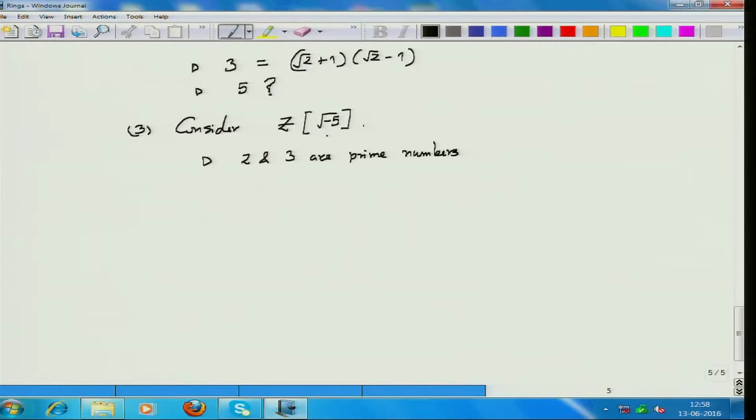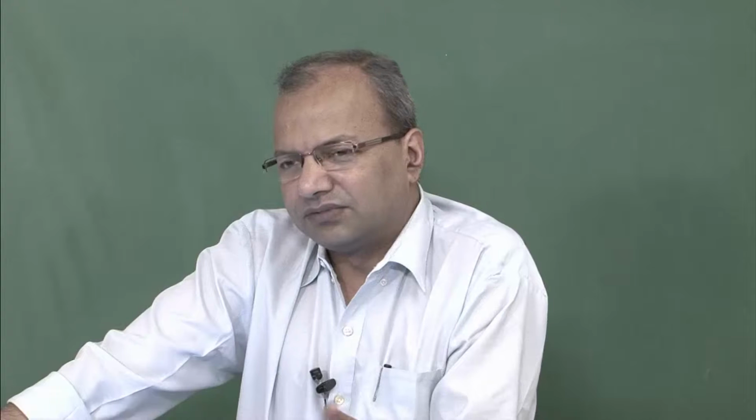Z bracket square root of minus 5 makes sense. It is the same as Z bracket square root of 5i, so it's a subset of the complex numbers. In this ring, 2 and 3 happen to be prime numbers. The proof is again of the same kind: you just express it in terms of a general product and see that the solutions are only trivial ones.